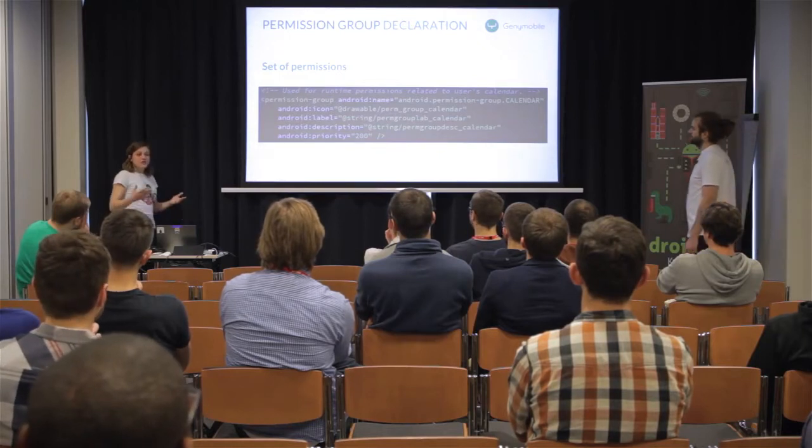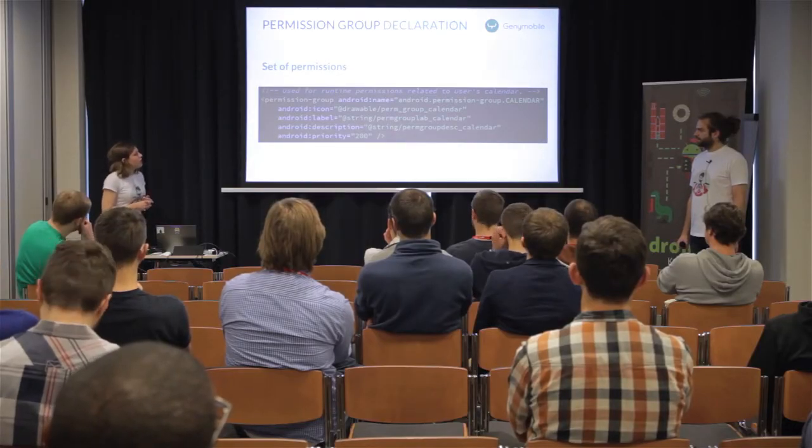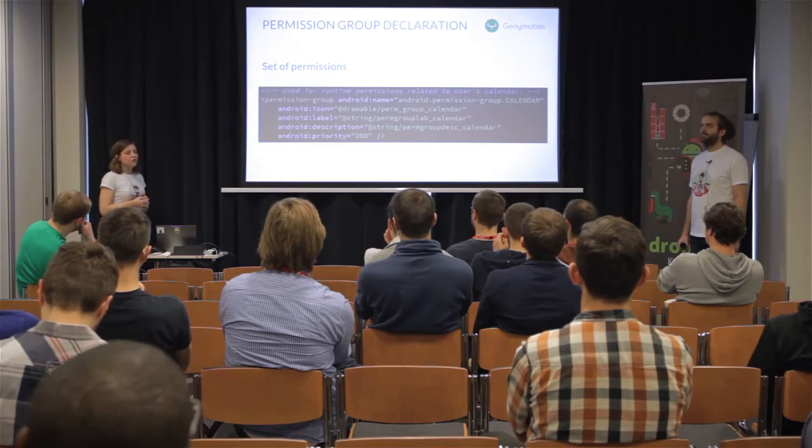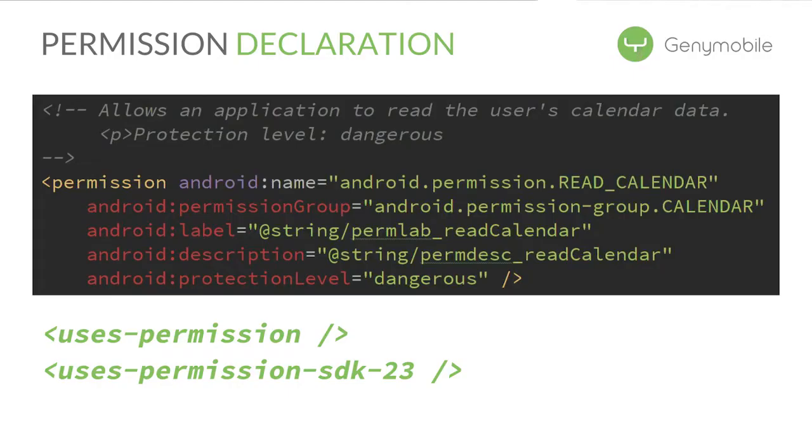In the documentation it says it should be used by the system, but for the moment we haven't found any piece of code using this attribute. So for the moment you can just leave it. What is important here is to give it, of course, the name and also the description of your group, to make your permission consistent according to your label. And of course, a group is a set of permissions.